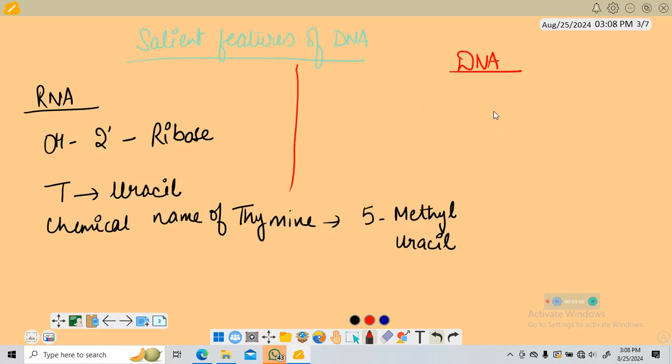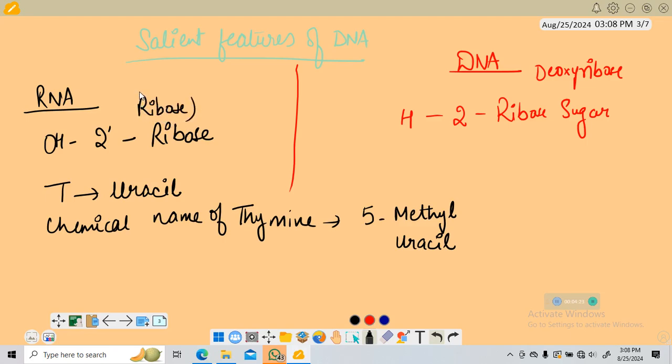Here we have ribose sugar, at the second position only, but instead of OH here we have H. Here the sugar is deoxyribose, whereas in RNA the sugar is ribose.